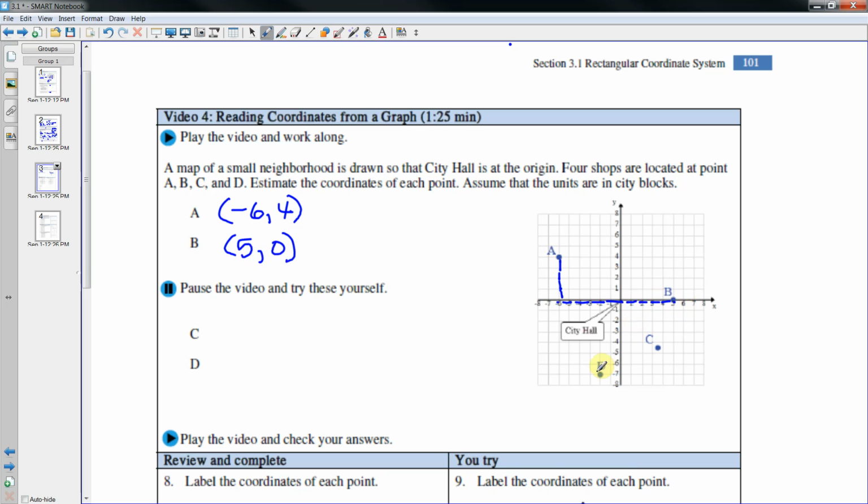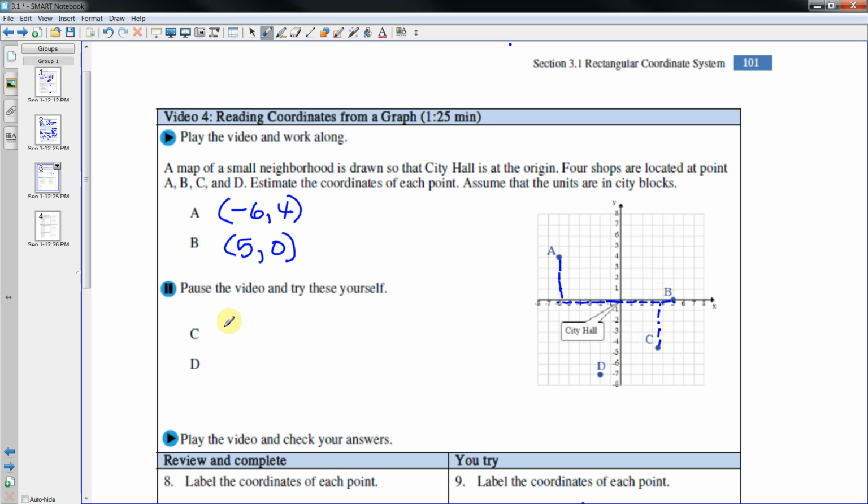Alright, so let's try C. C is an in-between spot, so we're going to have to kind of estimate on it. But it looks like I'm moving over to about 3.5 and down to about in between -4 and -5, so let's say -4.5.